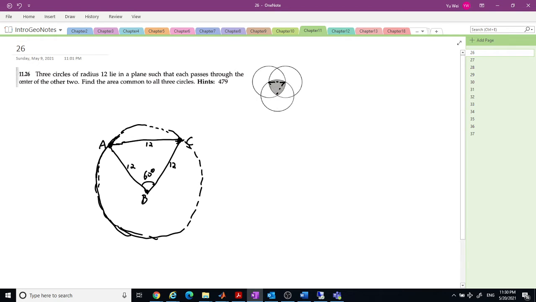You can see this is the equilateral triangle, and these three shaded regions are called lunes. Let's call each lune L. So three times the area of L plus the area of triangle ABC is the total shaded area.